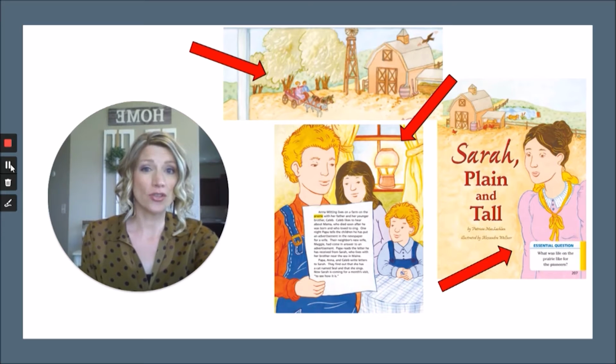The characters also look like real people. A fiction text has story structure that includes characters, setting, and plot, which is the sequence of events, and it includes a problem and solution. While we read today, I am going to pause at several points to point out the story structure.